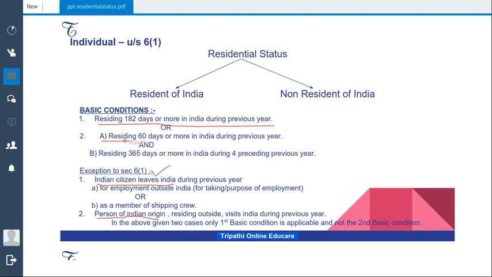First part, residing 60 days or more in India during previous year. Second part, residing 365 days or more in India during 4 preceding previous years. So Mr. X can fulfill any of these two, but we cannot directly jump on second basic condition. First, we will check whether he is satisfying the first basic condition or not. In case he is not satisfying the first basic condition, then we should go for the second basic condition.